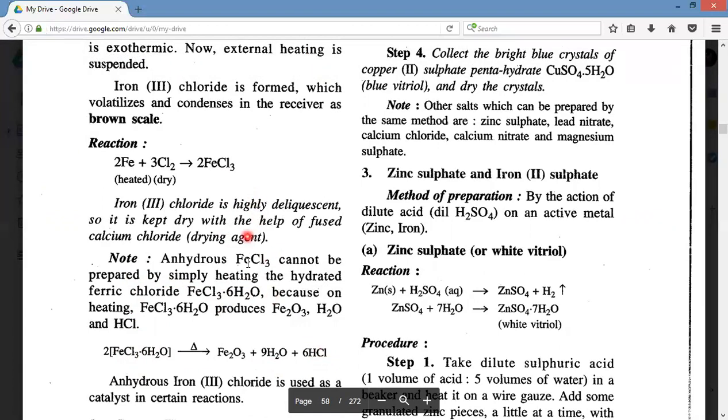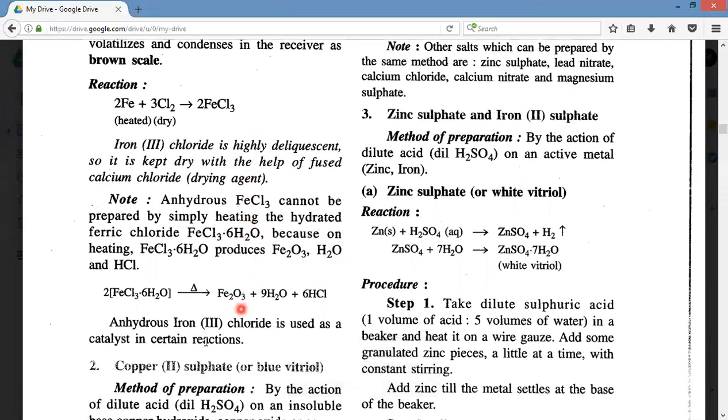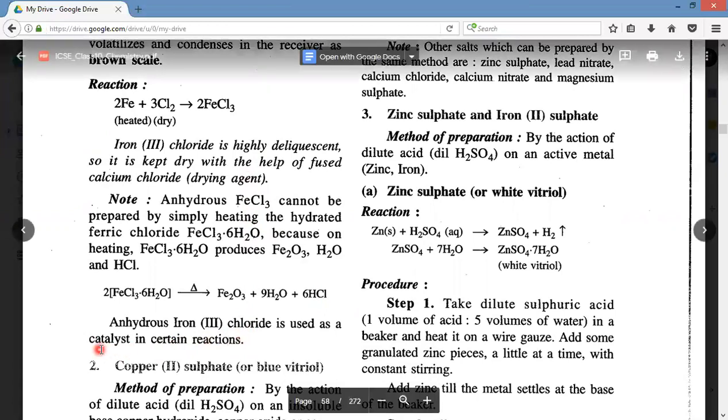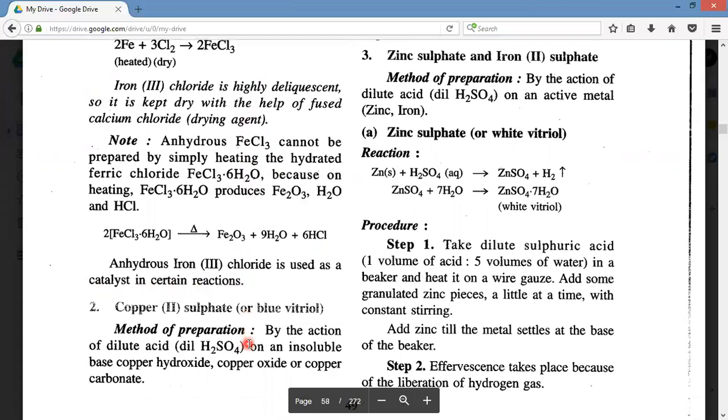That's why we have to do that procedure. This anhydrous iron chloride is formed with the help of the drying agent, calcium chloride, and is used as a catalyst in certain reactions. After that, the second preparation is copper 2 sulfate, named as blue vitriol in its hydrated form.